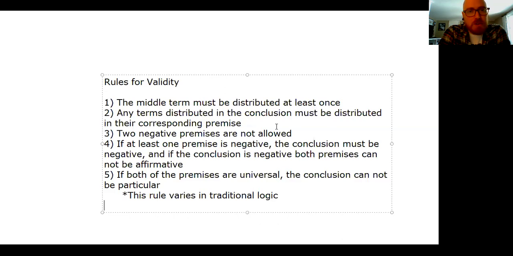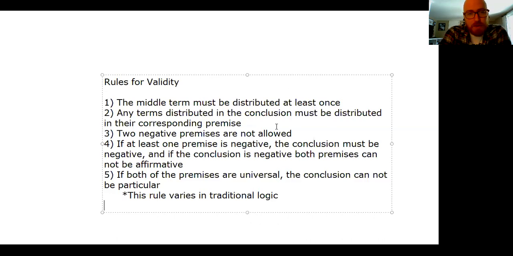So if a critical term has empty extension, meaning a critical term does not refer to an actual entity, then the syllogism is invalid. Okay, so as I mentioned in a previous video, in traditional logic, there is such a thing as conditional validity. In modern logic and Boolean logic, there is no such thing as conditional validity.